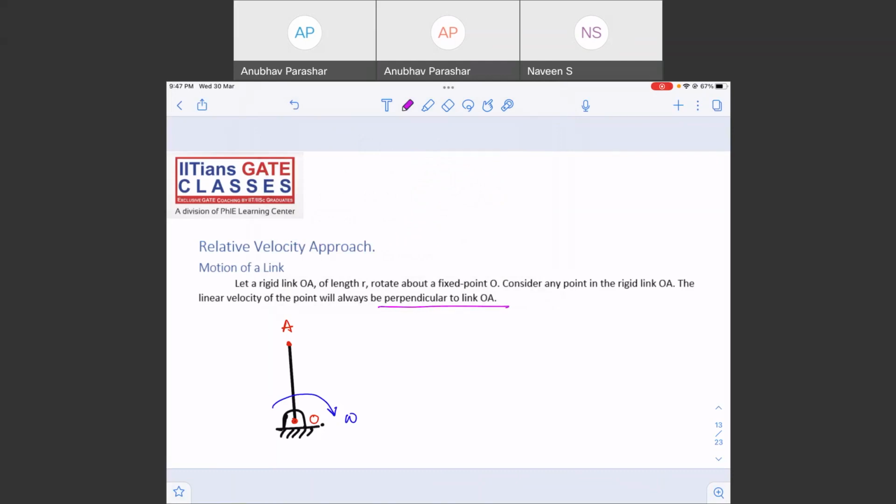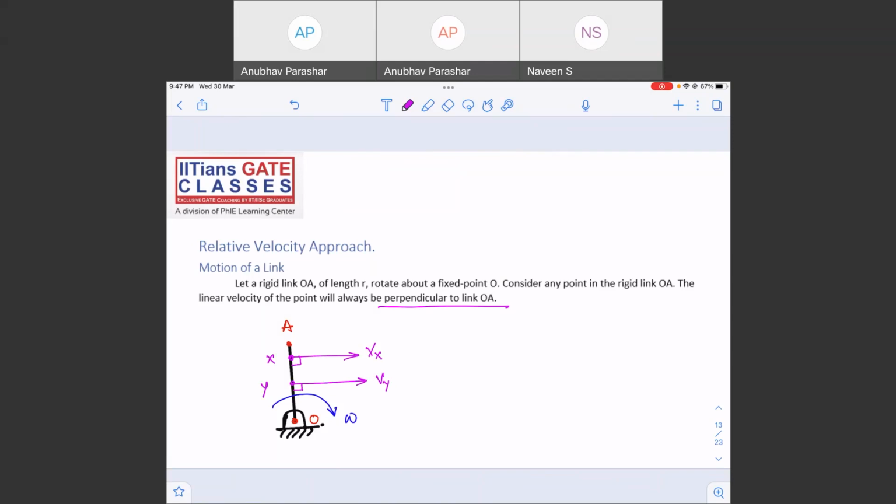For example, let me say this is a point X. If you try to find the velocity of point X, because the whole link is a rigid link rotating about point O, the velocity of point X, v of X, will be perpendicular to the link OA. You take any other point Y, the velocity of point Y will be in this direction and perpendicular to that link.